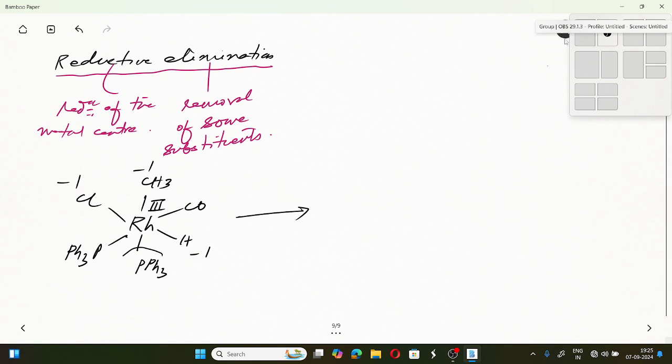Why? Because there are two phosphine groups which are close to each other. So there will be some amount of steric repulsion. Okay, and to avoid this steric repulsion, what happens? See what happens?